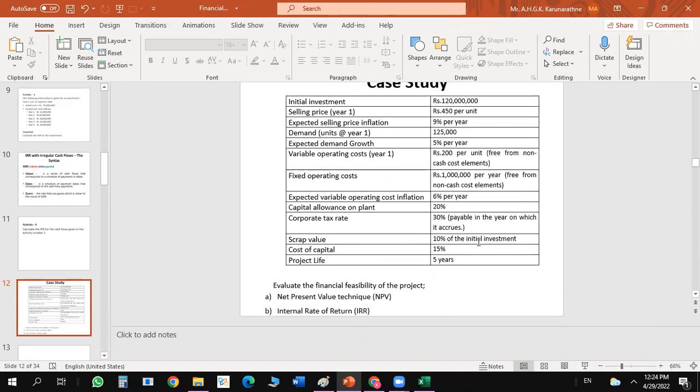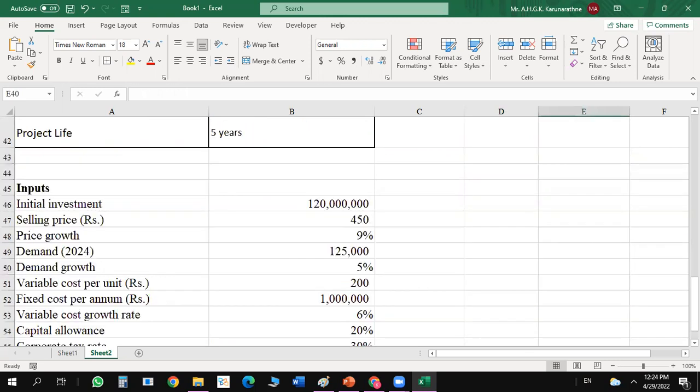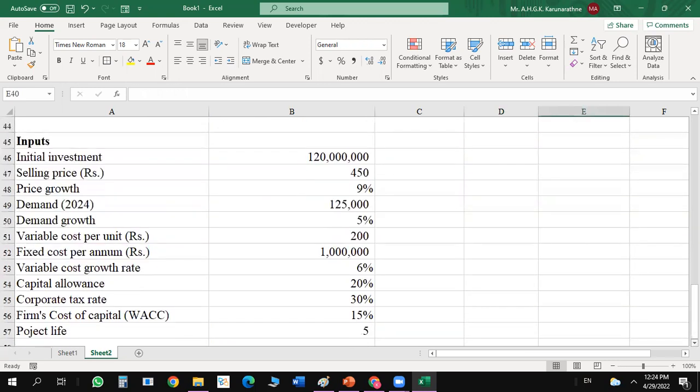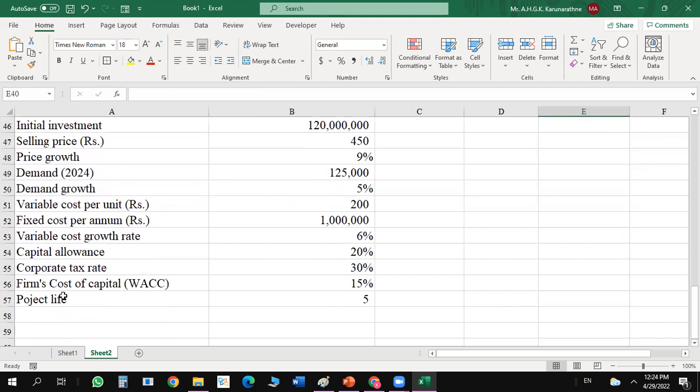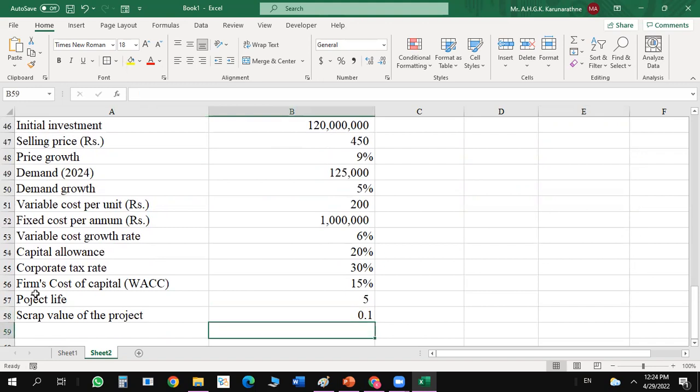Scrap value is 10% on the initial investment. Scrap value is 10%. So these are the information. You can see there are a lot of inputs, right? A lot of inputs.